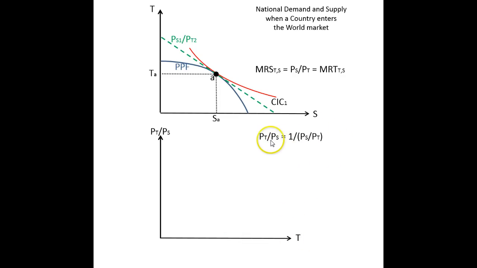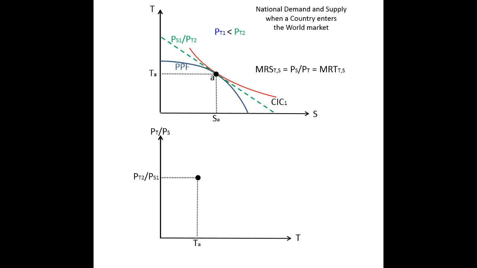PT divided by PS is identical to 1 divided by PS over PT, of course. So we invert that one. That gives us the relative price PT2 divided by PS1, and that gives us a consumption and production in this country equal to TA units of T.